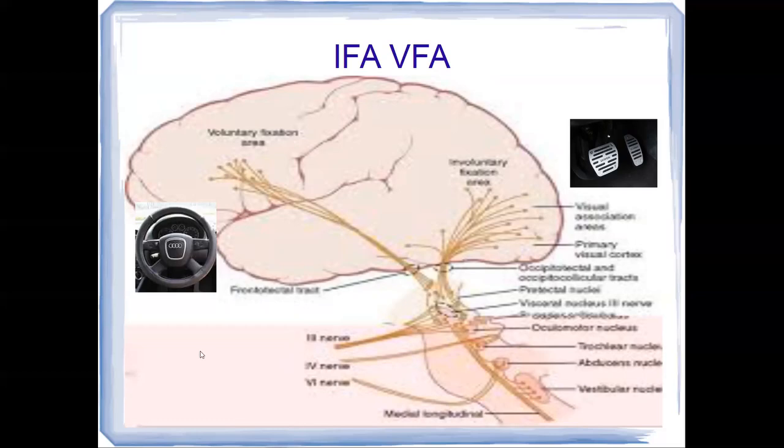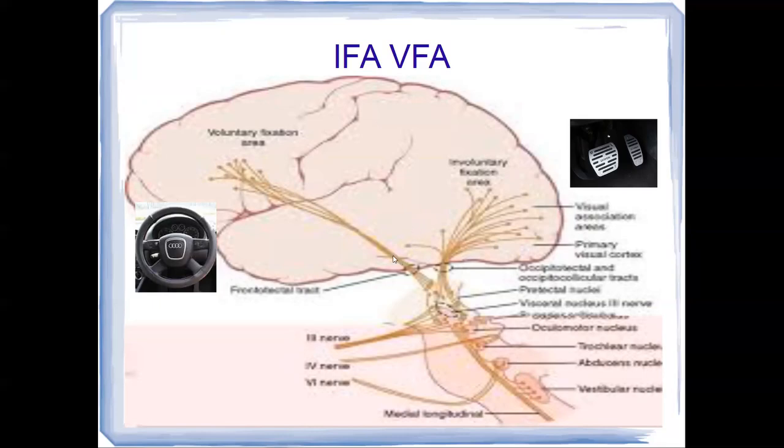So the voluntary fixation area is present in the front of the brain. It's much like the steering wheel in the car. It's what allows you to orient your eyes. And then the involuntary fixation area is a lot more widespread, and it's in the back of the brain. And it's not really like one brake, but multiple brakes in the car.